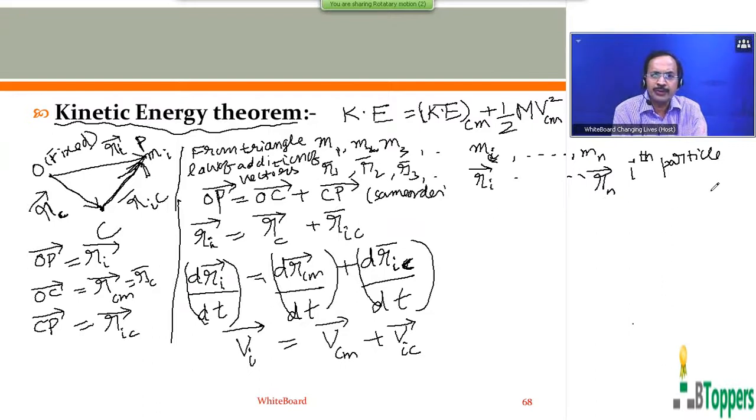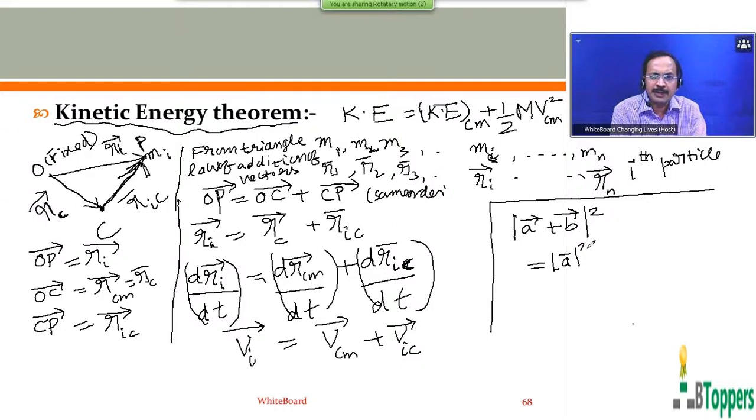We are going to use one result which we discussed earlier in the parallelogram law of addition of vectors. If A bar and B bar are two vectors, then the square of the magnitude of the vector sum or resultant of A bar and B bar can be written as the square of the magnitude of vector A bar plus the square of the magnitude of vector B bar plus 2 into magnitude of vector A bar into magnitude of vector B bar into cos theta.